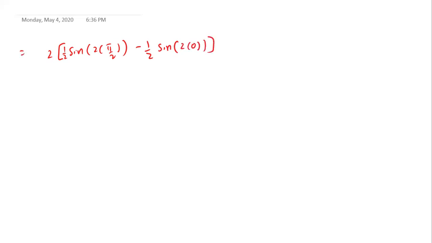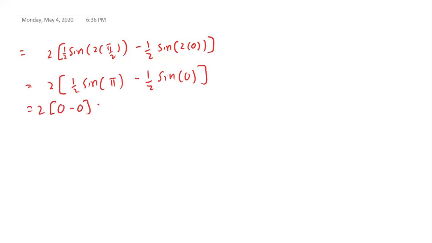So what is this equal to? Well, 2 times pi over 2 is pi. So that simplifies to sine of pi minus 1/2 sine of 2 times 0, which is sine of 0. Now, if you remember the unit circle, both sine of pi and sine of 0 are 0, meaning that this becomes 2 times 0 minus 0, which is 2 times 0, which is 0.